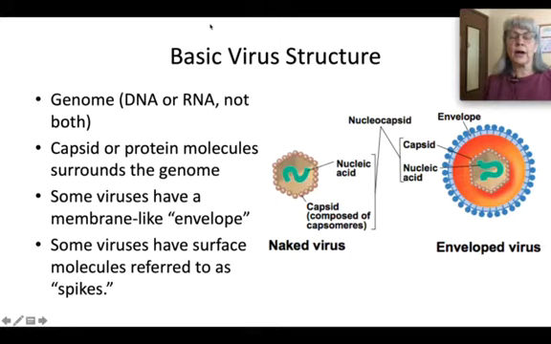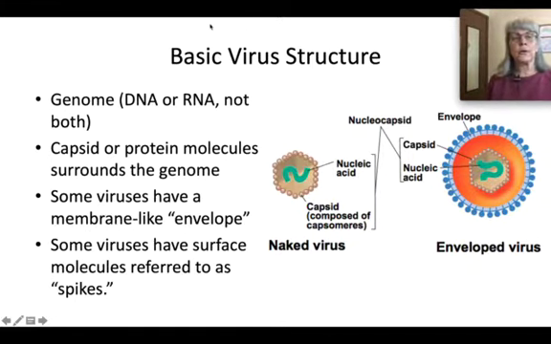The genome can be DNA, single-stranded or double-stranded, or circular, or RNA, which can be single-stranded or double-stranded, linear or circular. So that's an important thing to remember about viruses. Their genome is DNA or RNA, not both, like you find in prokaryotic cells or eukaryotic cells.